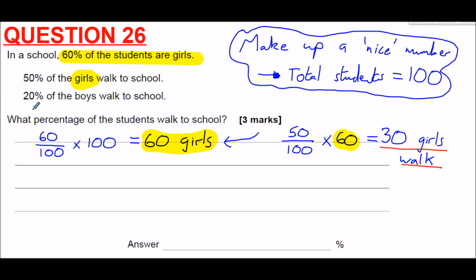And now it says about the boys. Well, if 60% of students are girls, what that must mean is the other 40% will be boys. So 40% of the students are boys.